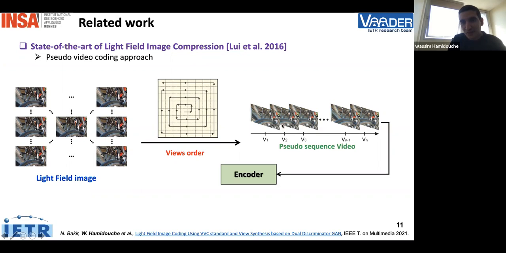Then the pseudo video sequence is encoded with a classical 2D video encoder. We can use AVC, HEVC, or any 2D encoder. This has the advantage of leveraging the motion compensation solutions provided by the encoder to decrease the angular and spatial redundancies within the light field image.